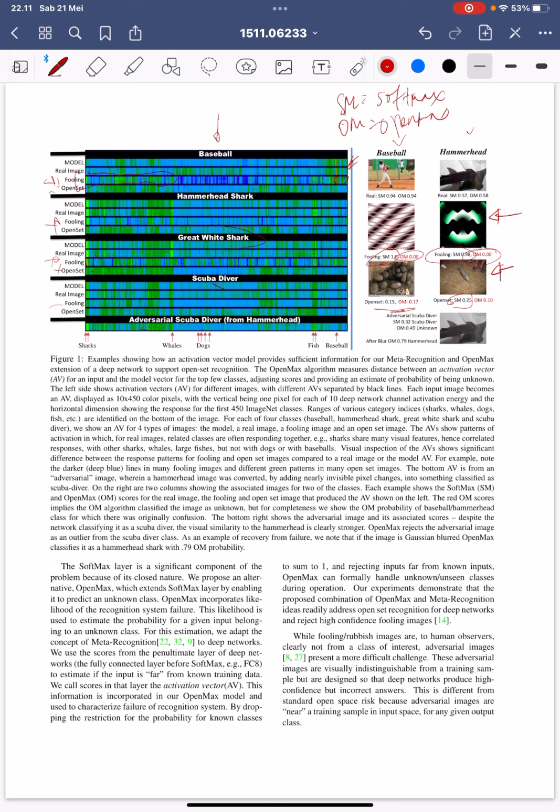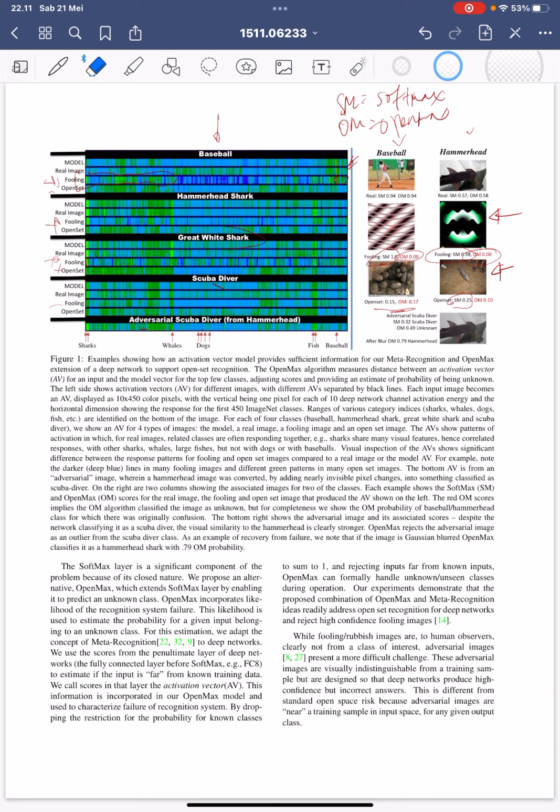Okay, and if we move to the adversarial images, as you can see here, an adversarial image is an image where some pixels are changed, but it still represents the same class, yet unfortunately it is predicted as the wrong class.